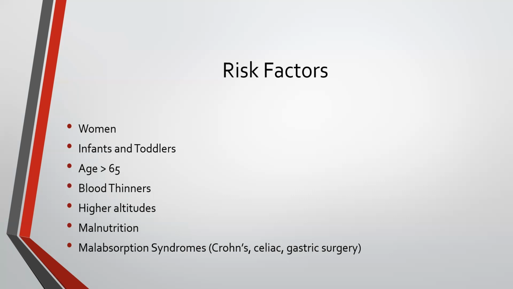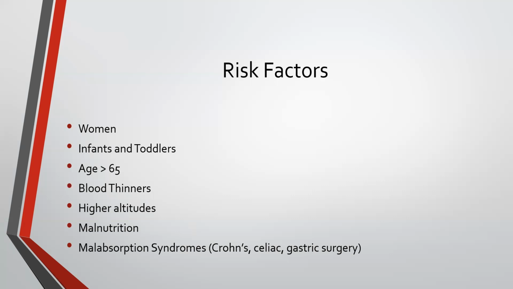So those that are in Colorado, at higher mountain altitudes, tend to have a higher risk of anemia. And of course, malnutrition, we talked about this already. If I'm not getting enough nutrients in, of course, I can be deficient in multiple, especially the vitamins and the iron. And then, of course, again, the malabsorption syndromes, if you have Crohn's or celiac disease, if you've had gastric surgery, things of that nature, that's going to put you at risk for anemia.